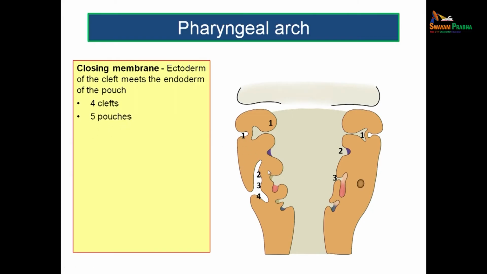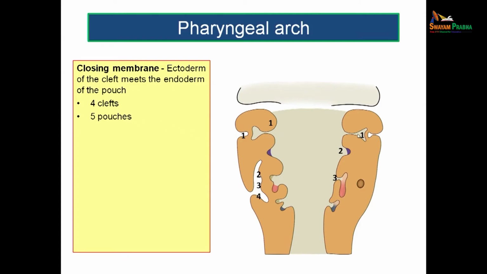This is the first cleft. The clefts are seen from the external aspect. So this is the first cleft, this is the second one, third one and fourth one. So there are 4 clefts for the pharyngeal arches. Now how many pouches are there? Again, when you look from the inner aspect, you have 5 pouches, among which the 5th one is usually considered a rudimentary pouch.